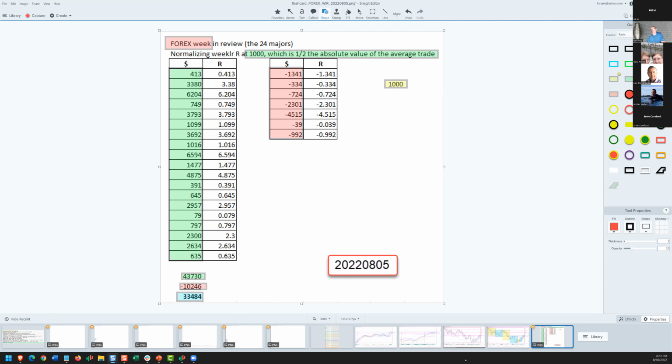The average weekly absolute value of those trades, the average of the absolute values was 2,000. So what I did was I took half of that absolute value of the average trade and set that equal to 1R, so that's 1,000. So when we're going through these numbers, all I did was just divide it by 1,000 to come up with a relative R relative to the size of the performance of the 24 pairs.